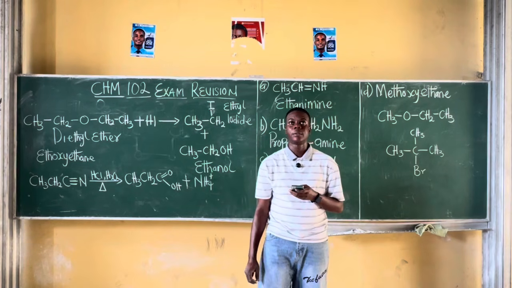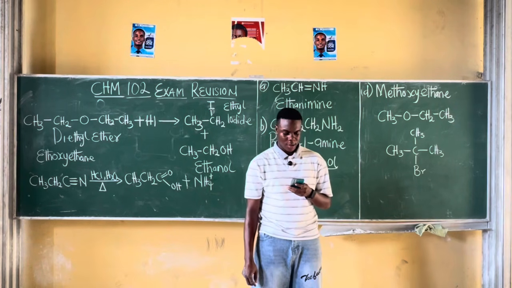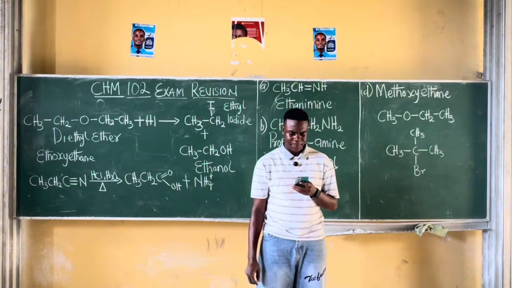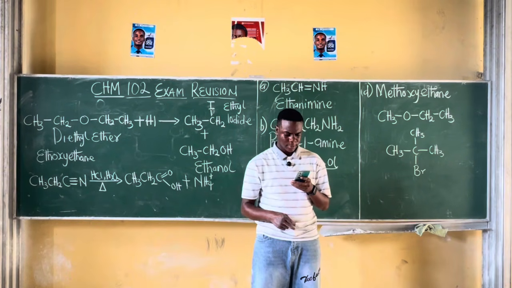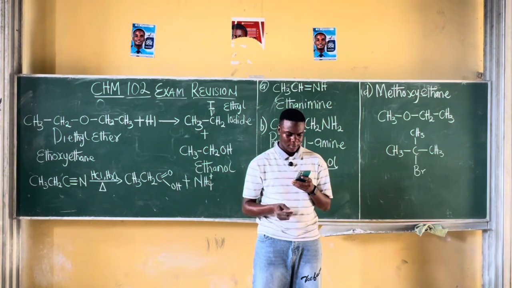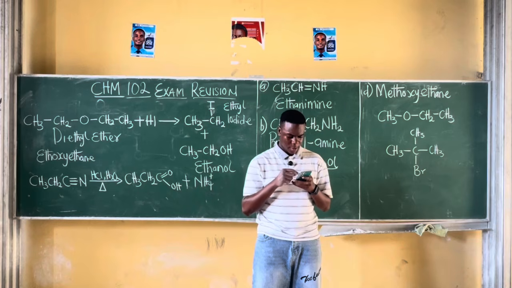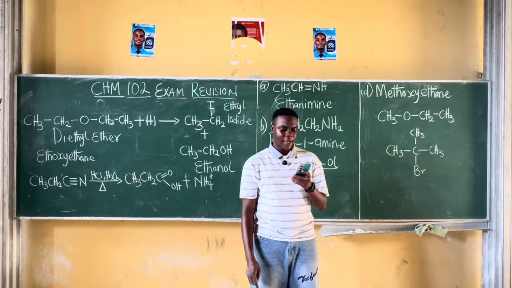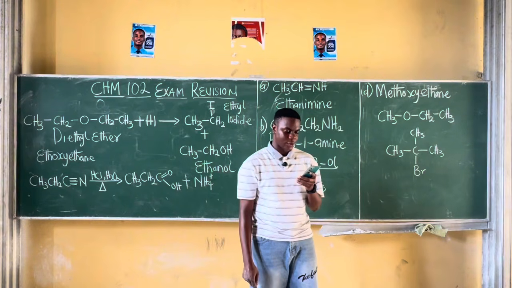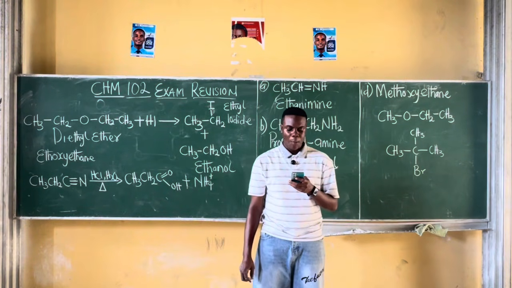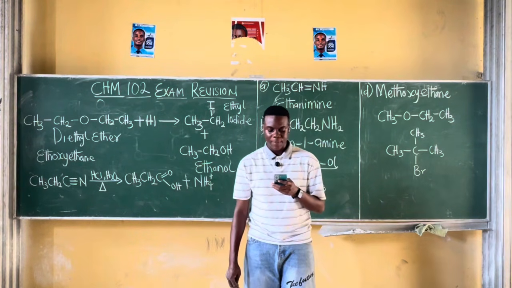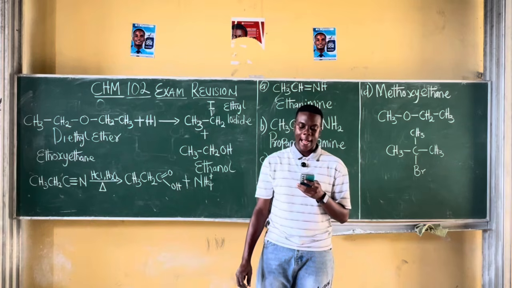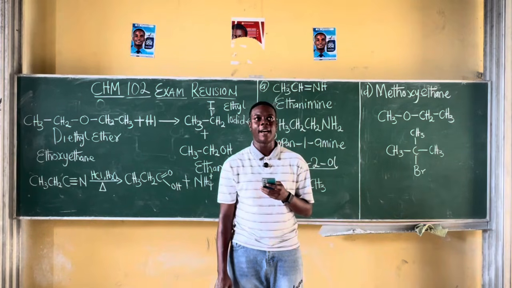Have you gotten that down? All right. So the next one is: the instrument used to measure the angle of rotation of plane polarized light by an optically active compound is dash.